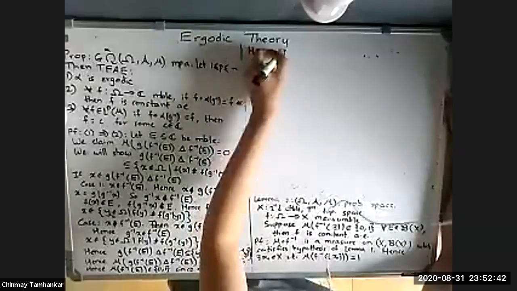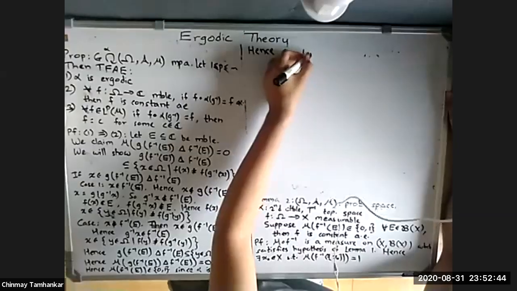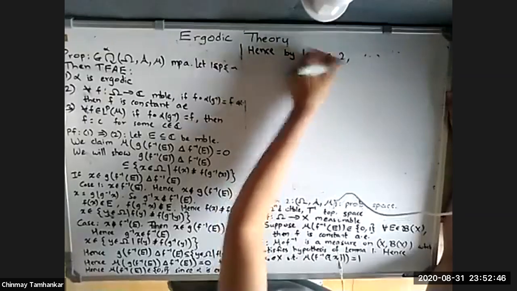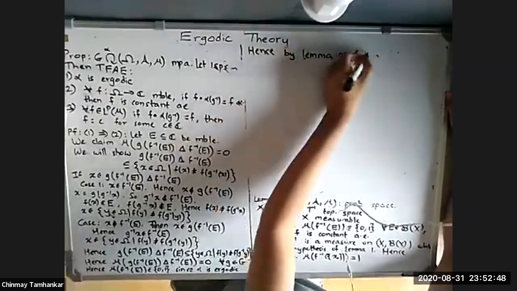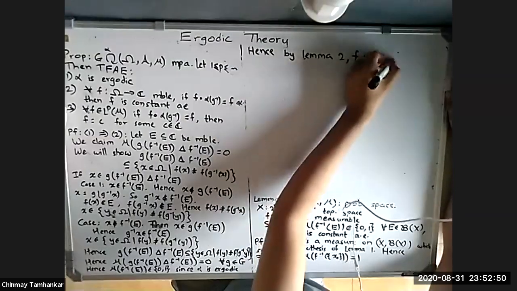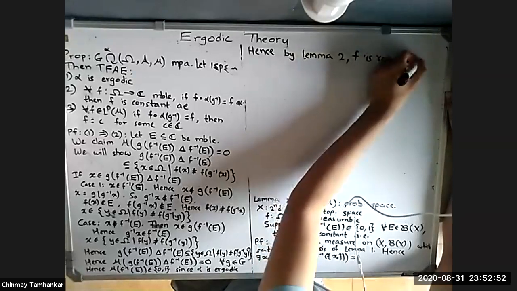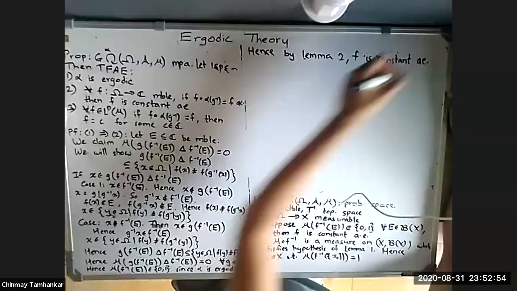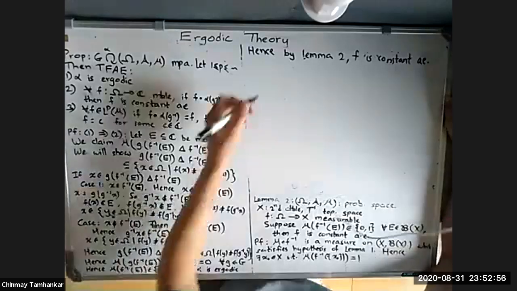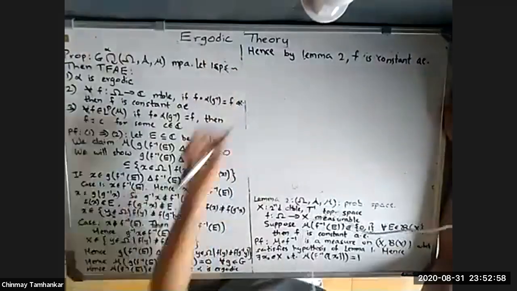Hence by lemma 2, f is constant almost everywhere. Okay, so this proves 1 implies 2.